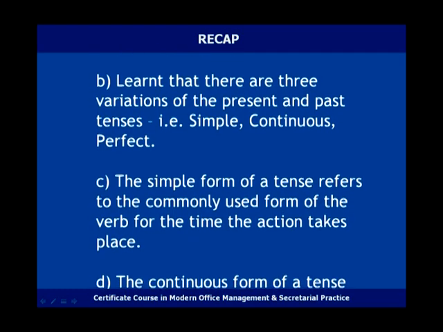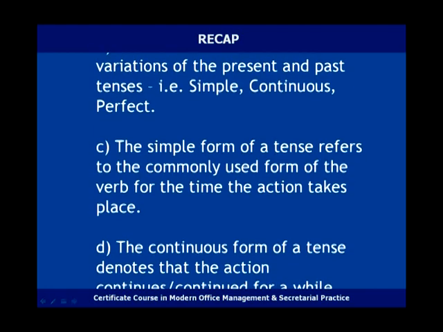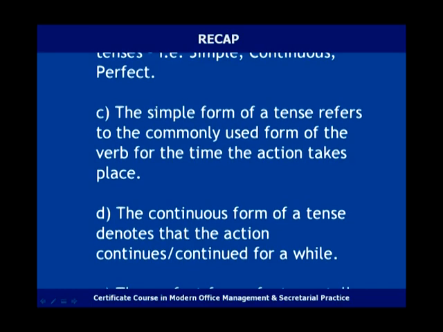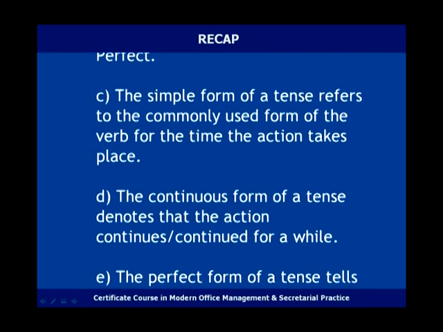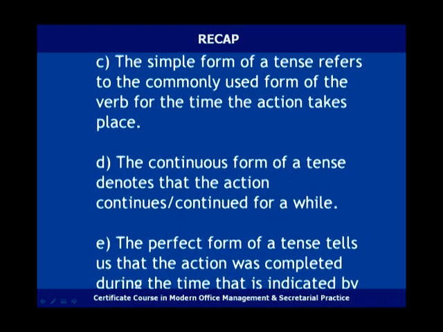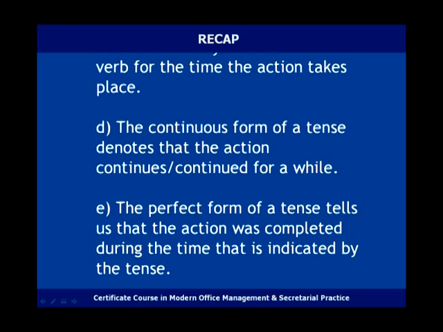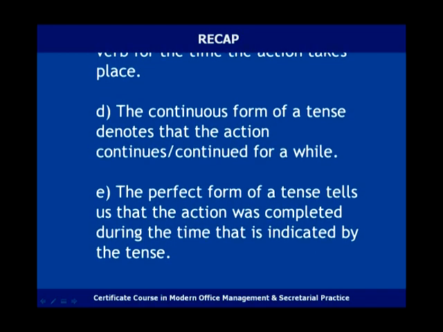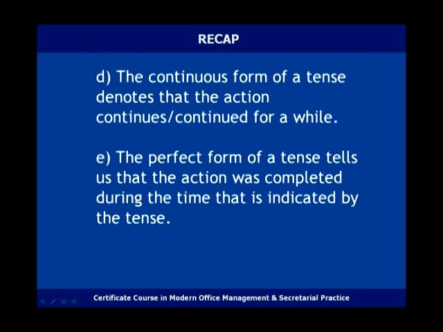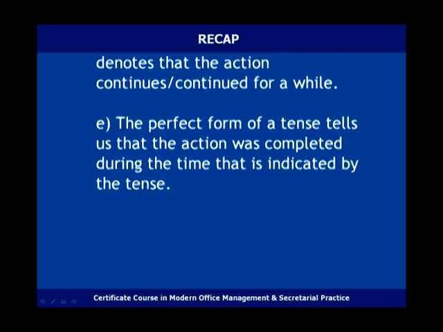The simple form of a tense refers to the commonly used form of the verb for the time the action takes place. The continuous form of a tense denotes that the action continues or continued for a while. And the perfect form of a tense tells us that the action was completed during the time that is indicated by the tense.